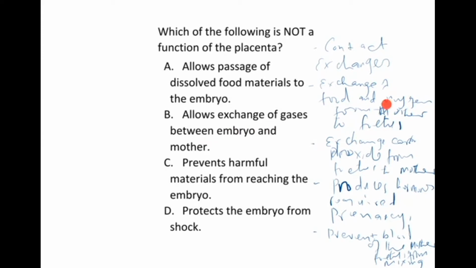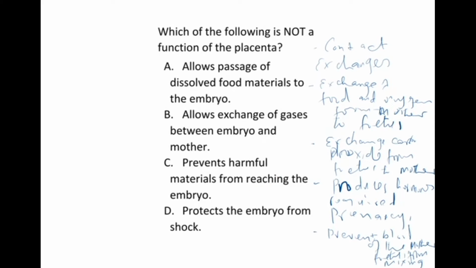Gases here we have oxygen and also carbon dioxide, that are exchanged between the two. Then, prevents harmful materials from reaching the embryo. For example, it prevents the blood of the mother and that of the fetus from mixing, which protects the embryo from harmful materials from the mother.